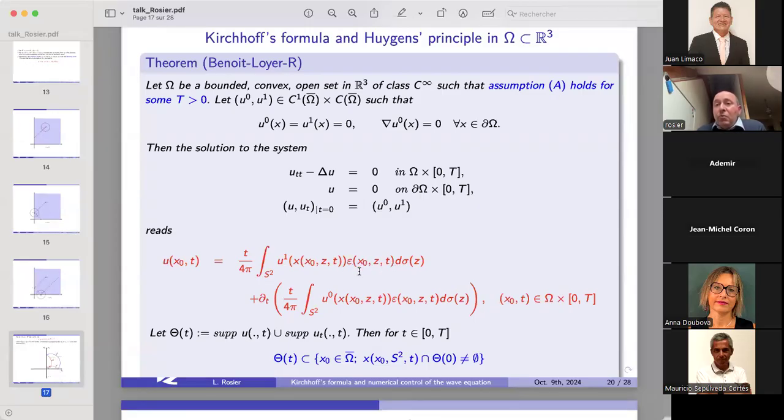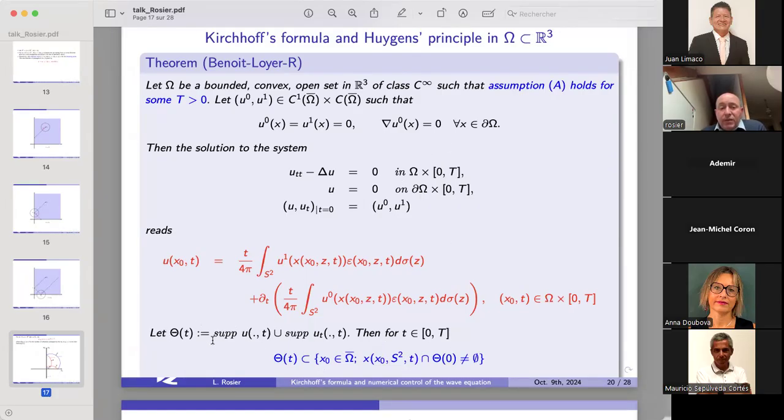With our assumption, epsilon is piecewise constant, so we don't have infinitely many switchings. So we can give a sense to this formula and justify it. We start from this formula and prove that it is indeed the solution of our system. This is the way we did it. So this is the Kirchhoff formula, and thanks to that we have this kind of Huygens principle.